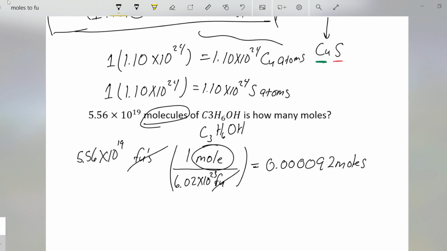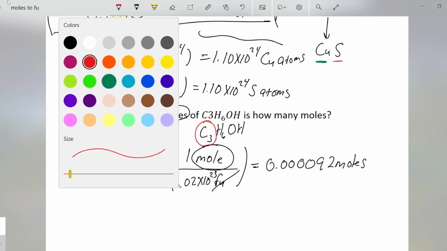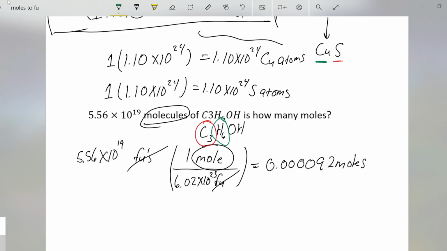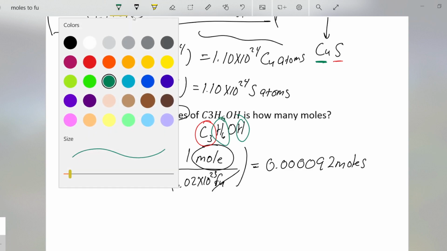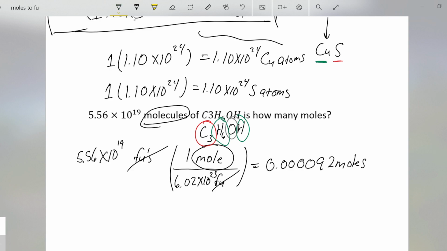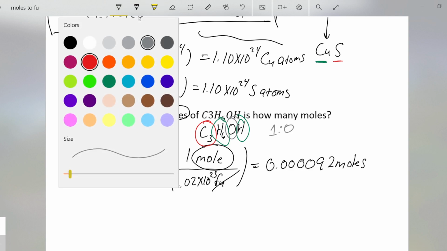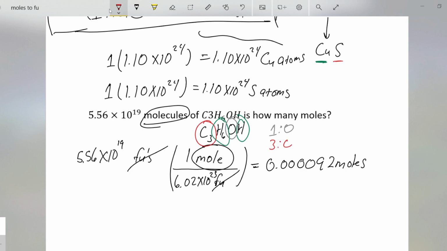If I wanted to know how many carbon atoms there were in this many molecules, let's say that my carbons are my red balls, my hydrogens will be green balls, and then we will have maybe gray balls for oxygen. So there is 1 oxygen. There are 3 carbons, and there are a total of 6 hydrogens here, plus another one, so 7 hydrogens.